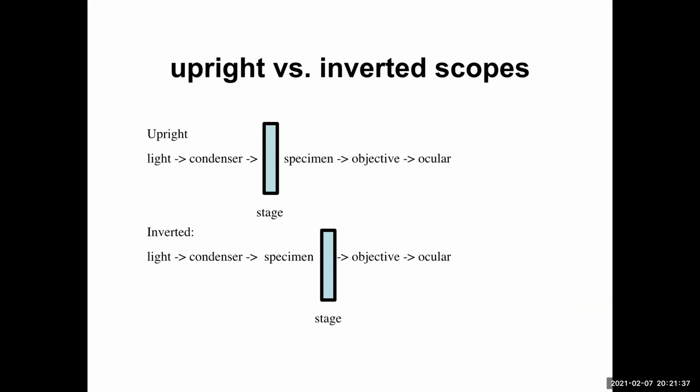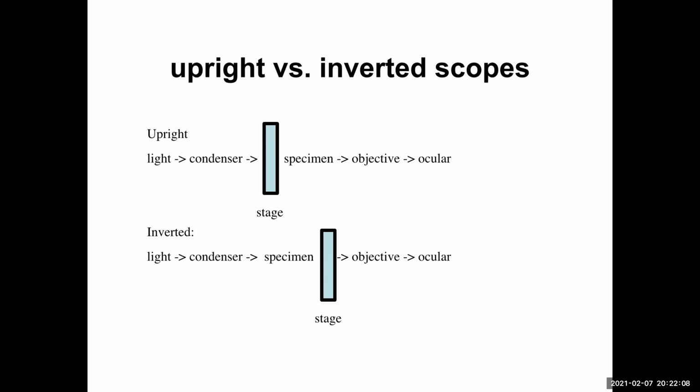So one of the first things that you're going to want to do is figure out, of course, what are your lamps, what are your imaging modalities? And then another really basic thing to know about your scope is, is it upright or is it inverted? And the light path is actually fundamentally the same because here's your light path. It starts at the light source for the upright one, and it goes through a condenser, and then it goes through your specimen.